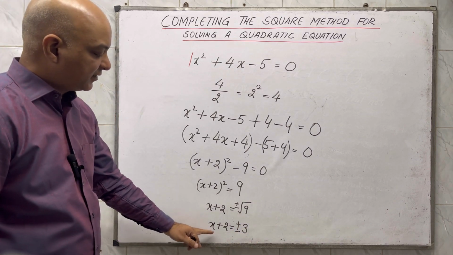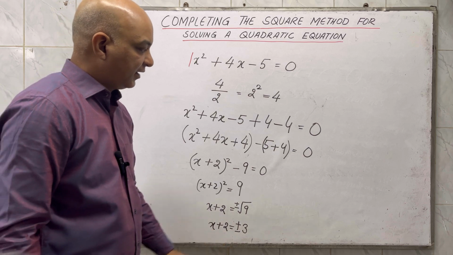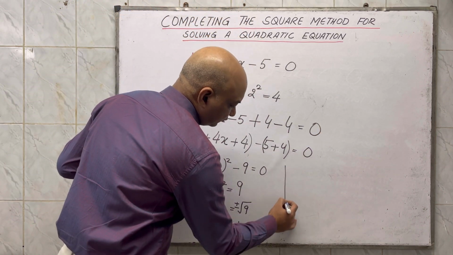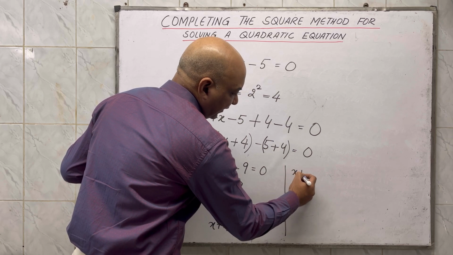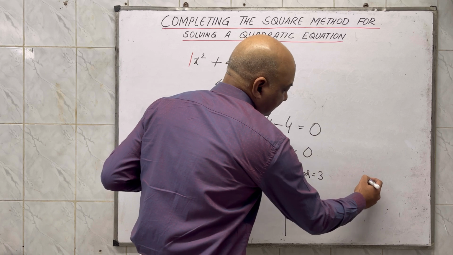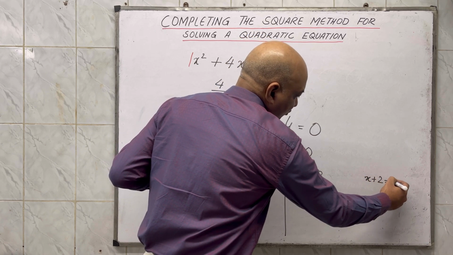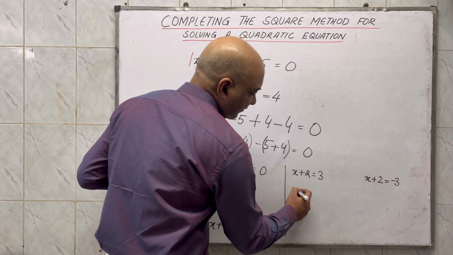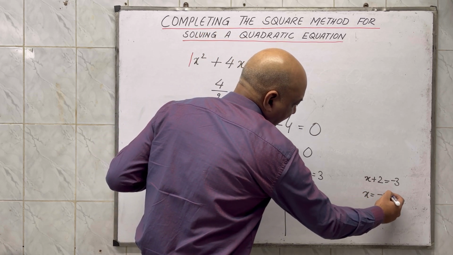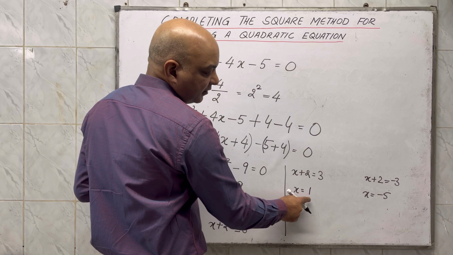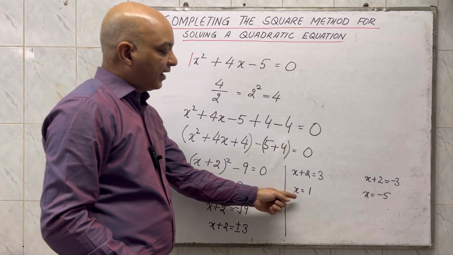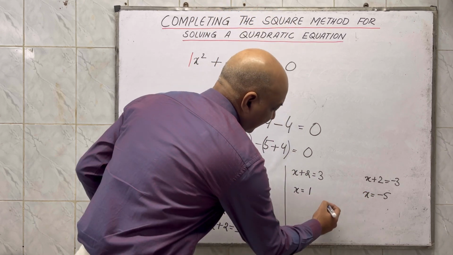First is x + 2 = +3 and the other is -3. Now, one by one I will equate x + 2 to 3 and to -3. And finally we get the two roots of the given quadratic equation as 1 and -5.